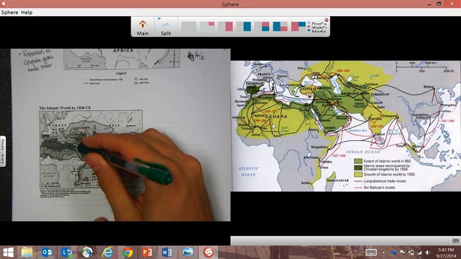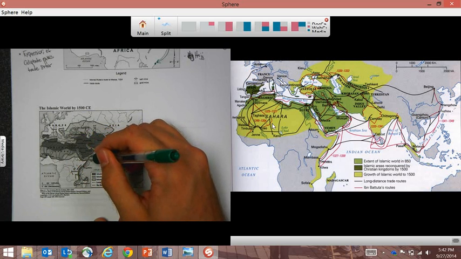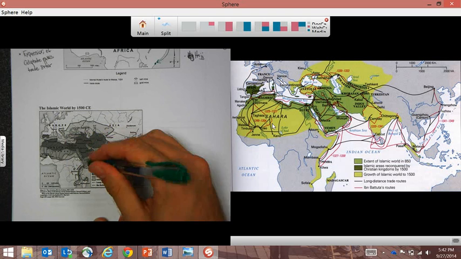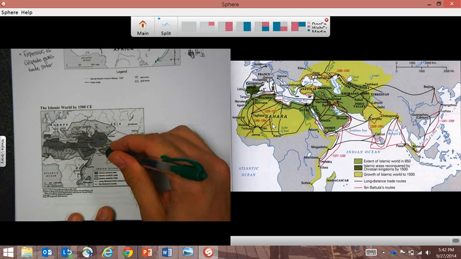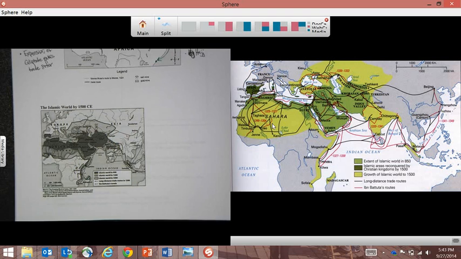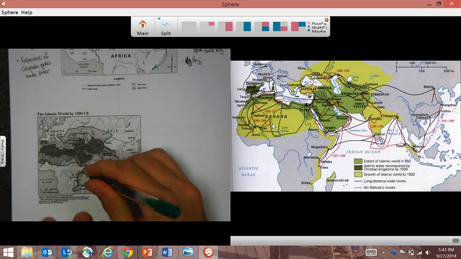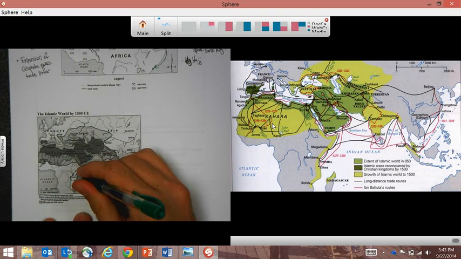It would make its way to Cairo, probably come down through the Red Sea, and then end up here, because this is a major trading point where merchants from all over the Indian Ocean region are stopping to exchange their goods.